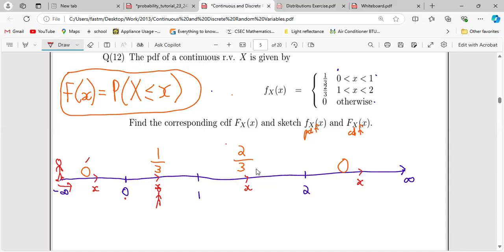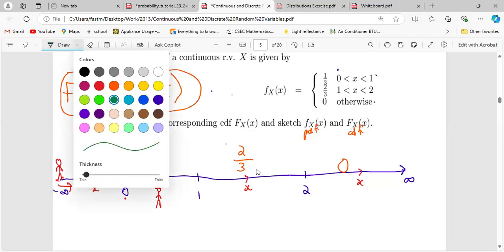So if you want the area, or the probability, from 0 to this x value where the stick man stops, you literally just integrate the graph between the bounds. In this case, you're just integrating 1/3 from 0 to x, whatever x value it may be in between this bound here.